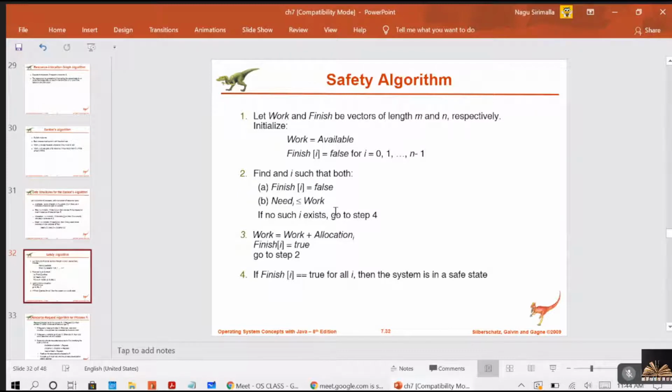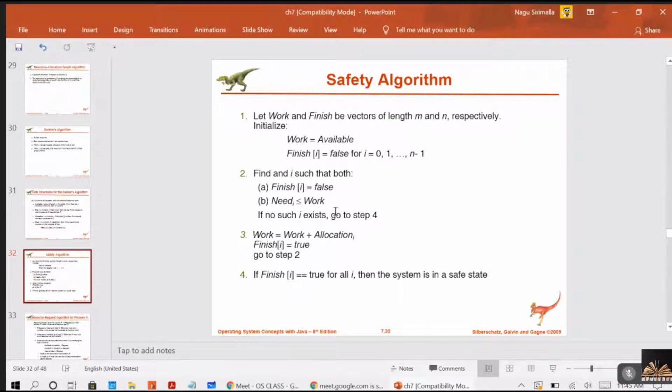Take two vectors, work and finish, right? So work holds the available resources and finish holds the true and false, right? False means what? The work is not finished. That is, the process is not completed yet, right?